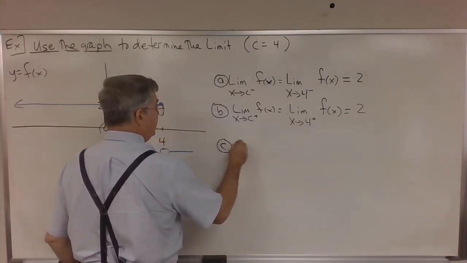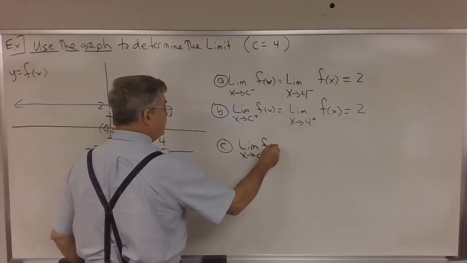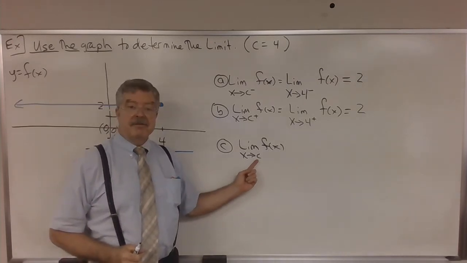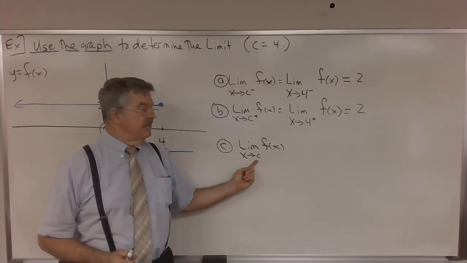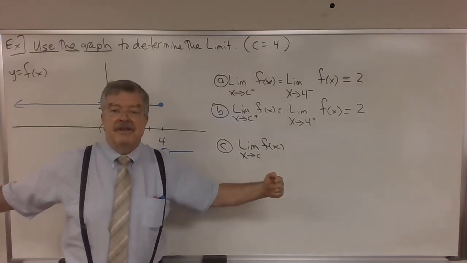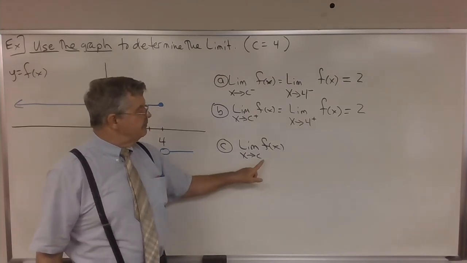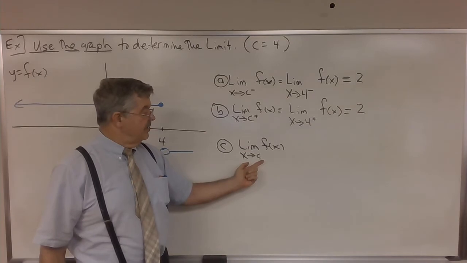C, they ask us to compute the limit as x approaches c of f of x. The limit, quote, the limit, end quote, as x approaches c from either direction. See, they don't just restrict it to approaching from the left or approaching from the right.